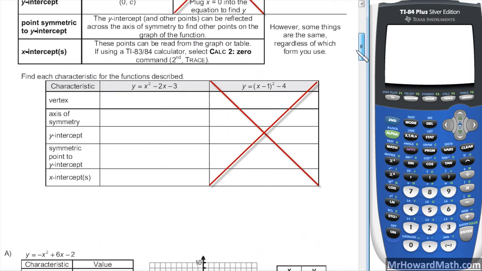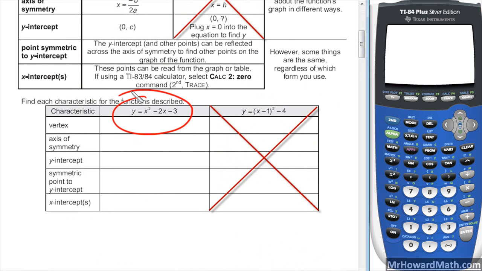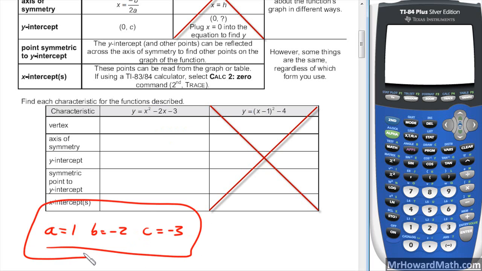So let's look at this first example right here. So the most important thing to do with standard form when you begin is to identify your a, b, and c values. So a is 1, b is negative 2, and c is negative 3. So there's an implied 1 right there, there's a negative 2 in place of b, there's a negative 3 in place of c. So that's where these values are coming from.